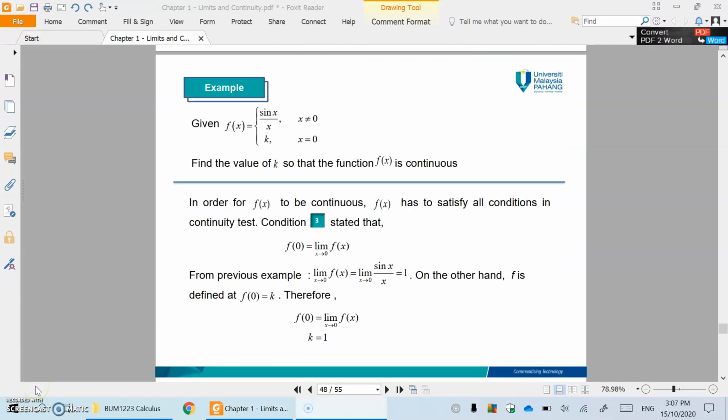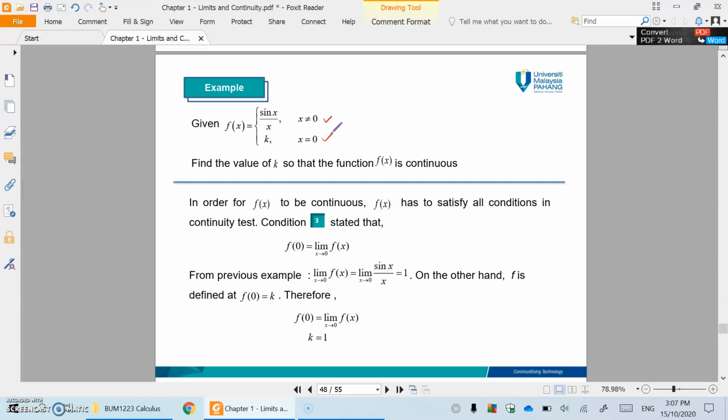Okay, so for the next example, we are given f(x) equals sin x over x for x not equal to 0, and f(x) equals k for x equals 0. This is quite similar to the previous example, and the question is quite reversed.